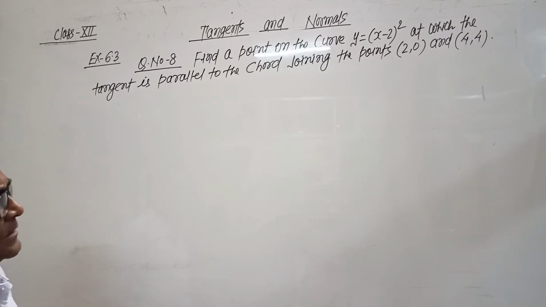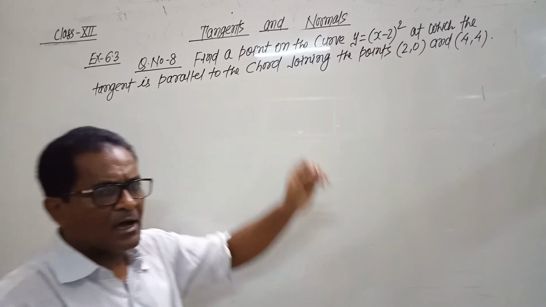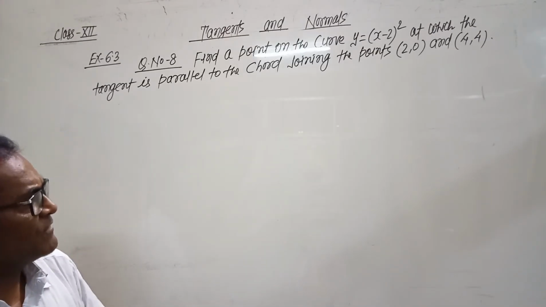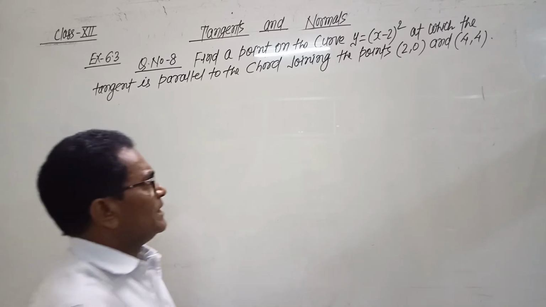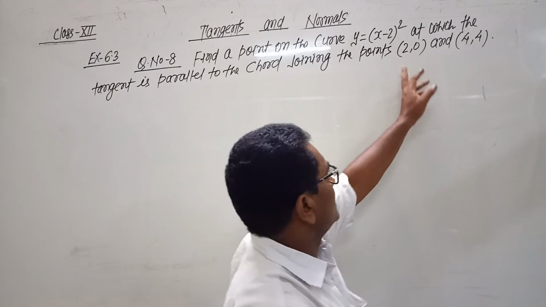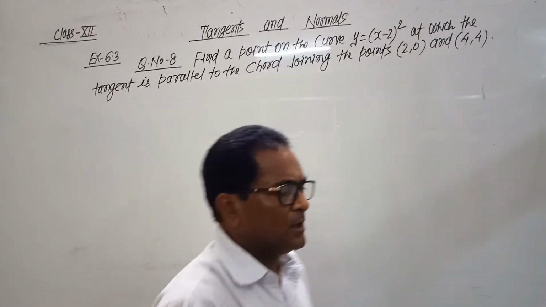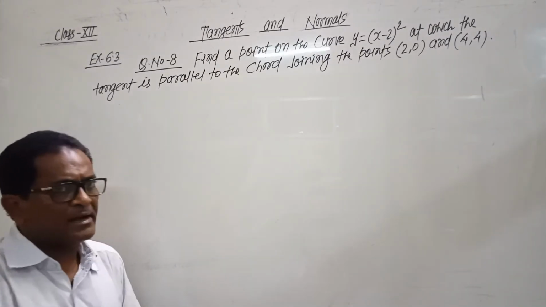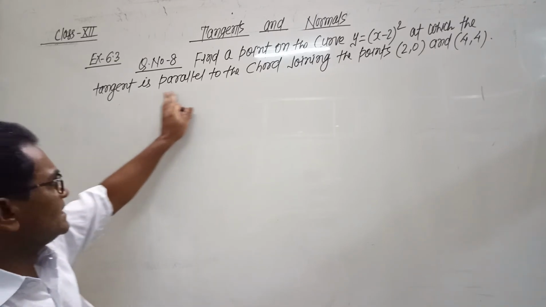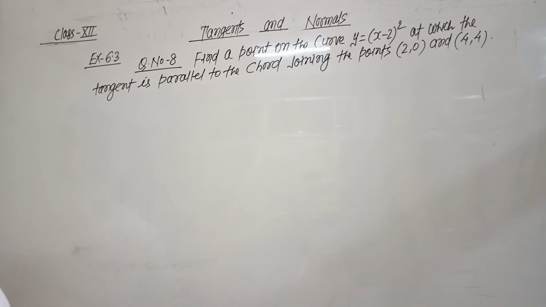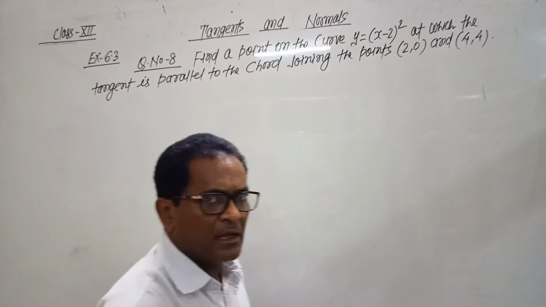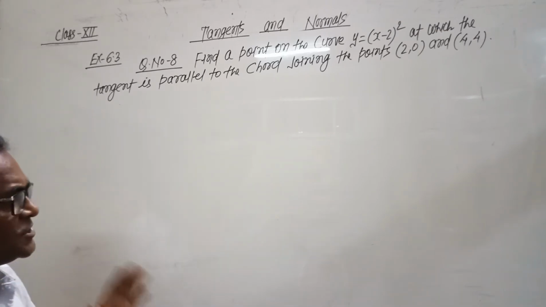So we find the slope from the curve y equals (x minus 2) squared, and for finding the slope we will have to find dy by dx, and also we find the slope of the chord. Then we equate both the slopes because the tangent is parallel to the chord. If two lines are parallel to each other, then their slopes must be equal.